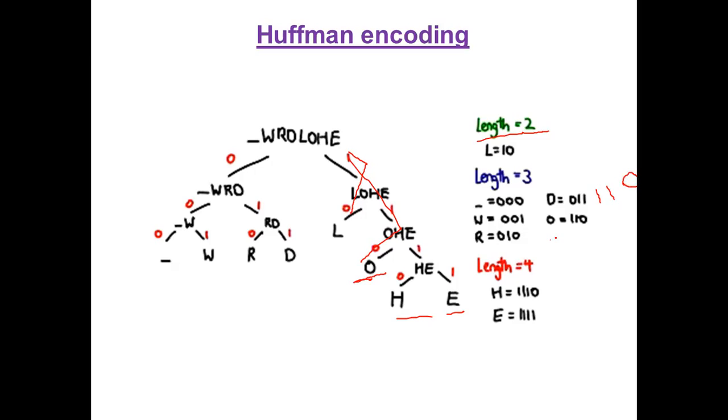So see, this is one possible way, and this is the other possible way. So let us find for E. E has frequency 4, so the length is 4, 1, 1, 1, 1. Okay, so let's mention that here. So for H, 1, 1, 1, 0, 1, 1, 0.